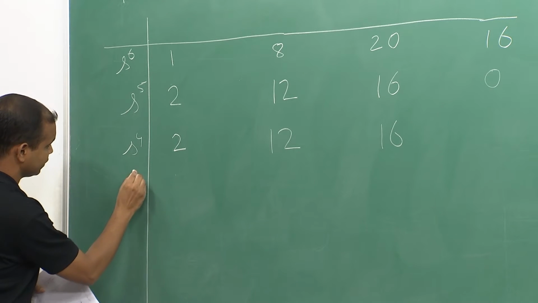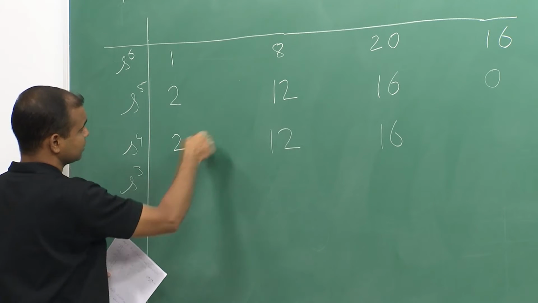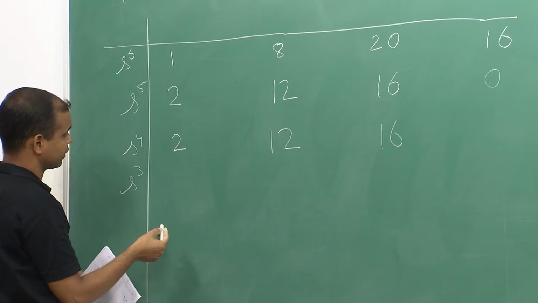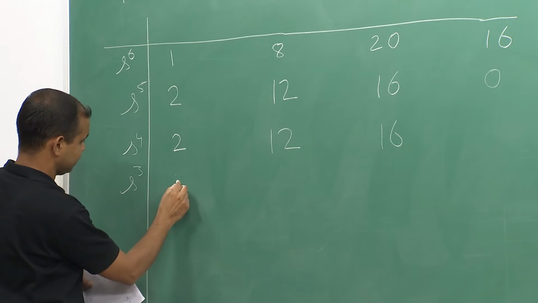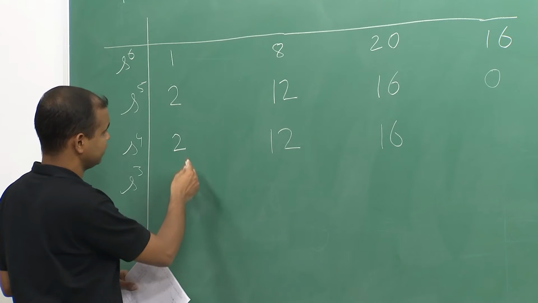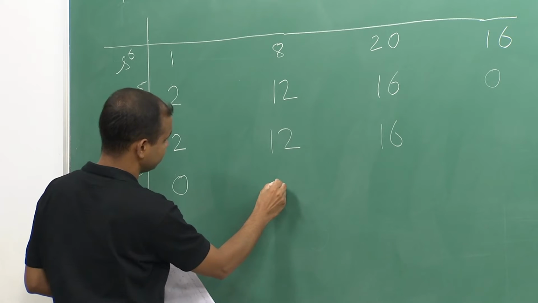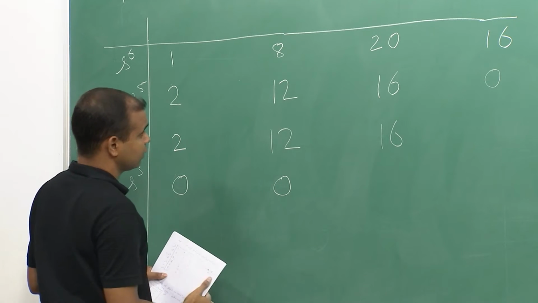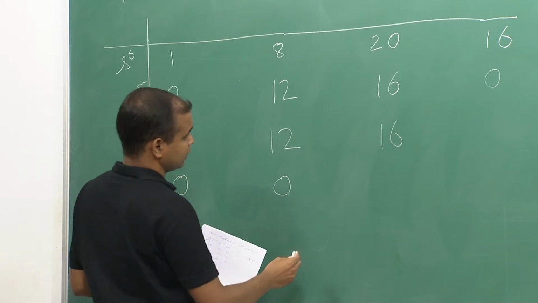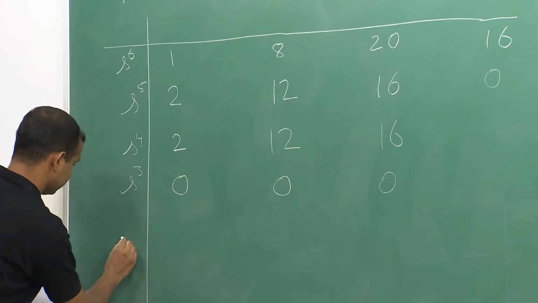Now, for the s to the power 3, I will get this, both numbers are same. So, this will be 0, 24 minus 24 will be 0, and similarly here also 2 into 16 minus 2 into 16 will be 0, and obviously here will be 0 if I write.